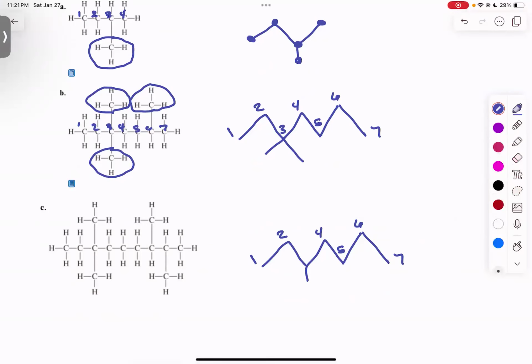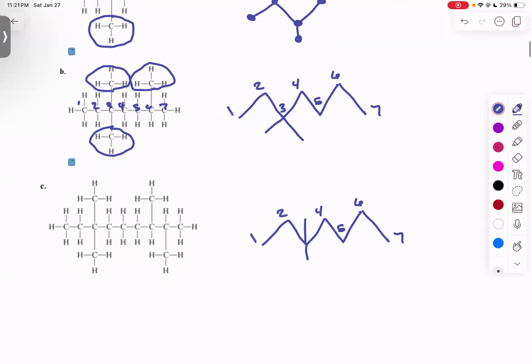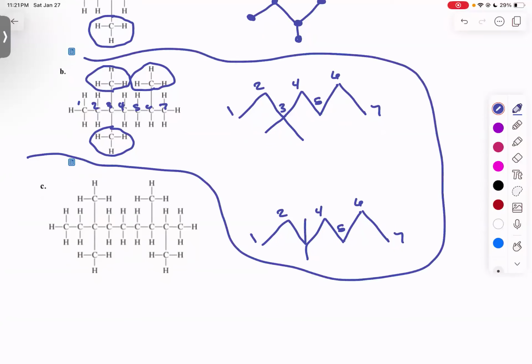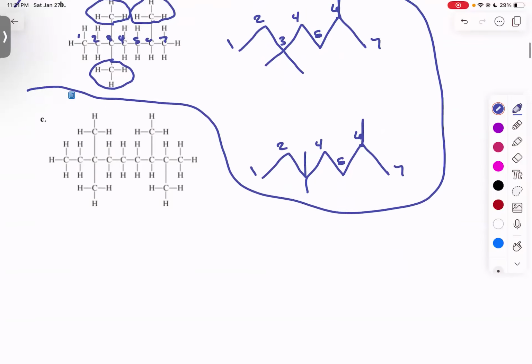Let me erase my number here, and that's a methyl. That's also a correct answer. So I would mark that as correct. I just wanted you to know that either one is good for B. That's all for B. Okay, so we did our 2 methyl groups on carbon 3, and then we got to go to carbon 6 and give carbon 6 1 methyl group. So either one of those structures would be correct.